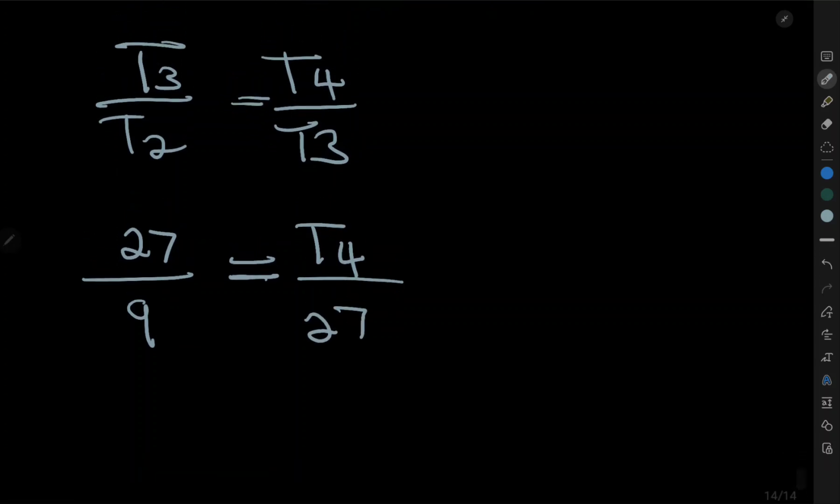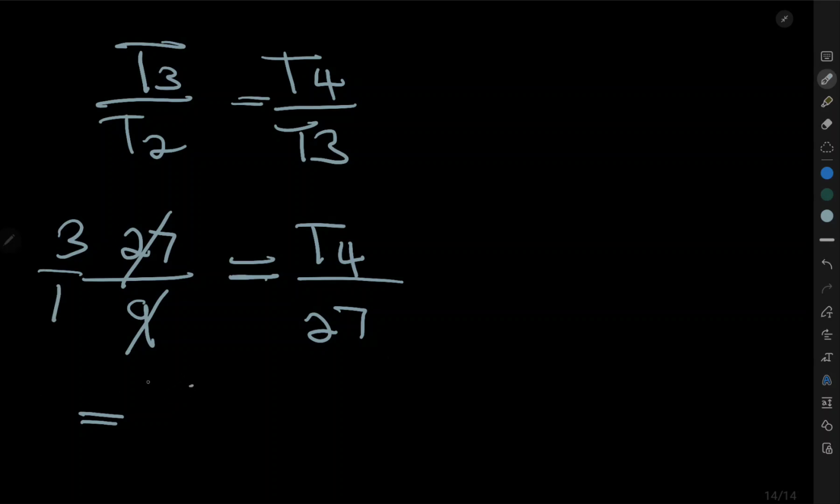So now that we know that, we're going to divide these, and we know that we have 3 remaining over 1, and then we're going to cross multiply from there.